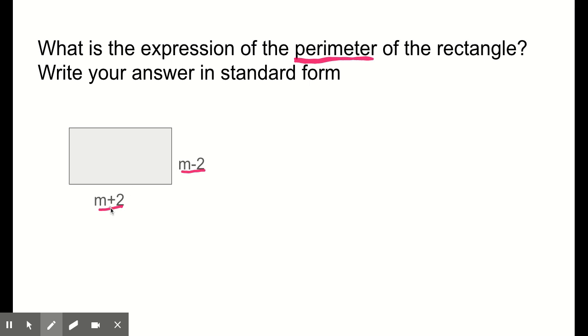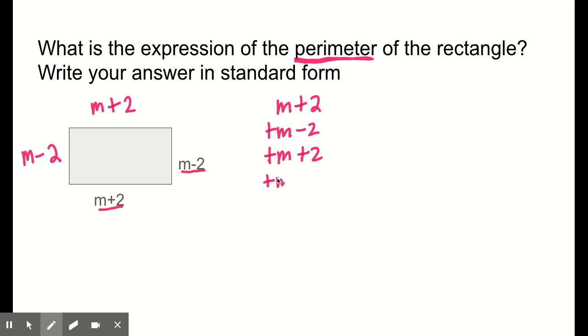So given the fact that this side is m plus 2, the side opposite, by definition of a rectangle, is also m plus 2. This side here is m minus 2, so the side opposite is also m minus 2. So to find the perimeter, again, we add up all the sides. So that's m plus 2 plus m minus 2 plus m plus 2 plus m minus 2.